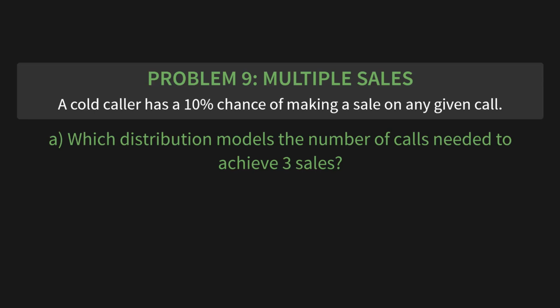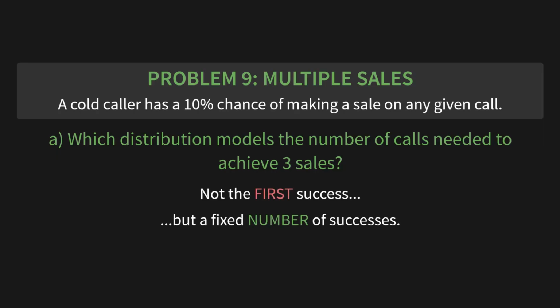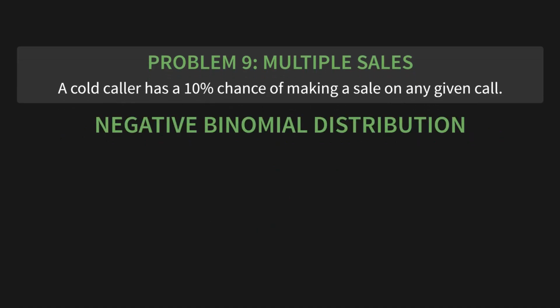Problem 9. Multiple sales. A cold caller has a 10% chance of making a sale on any call. Part A. Which distribution models the number of calls needed to achieve 3 sales? Notice the difference here. It's not the first success, but a fixed number of successes. We're waiting for success number 3. This is the negative binomial distribution.